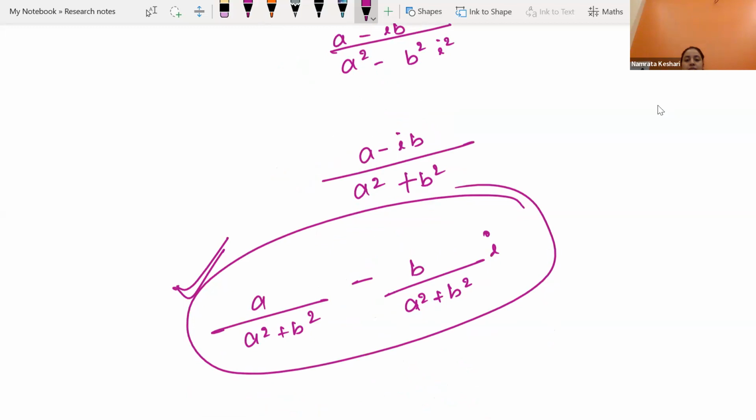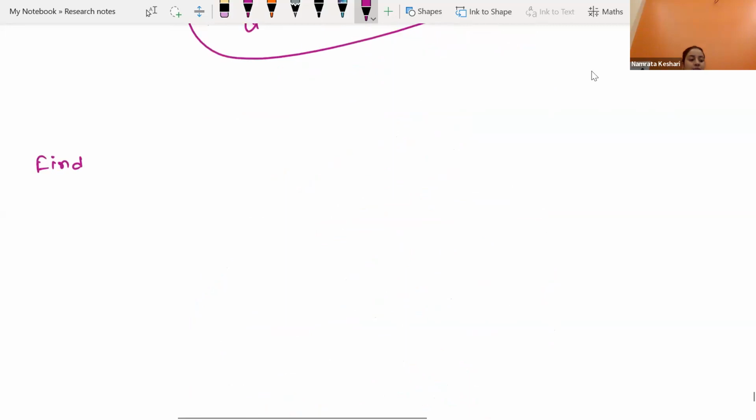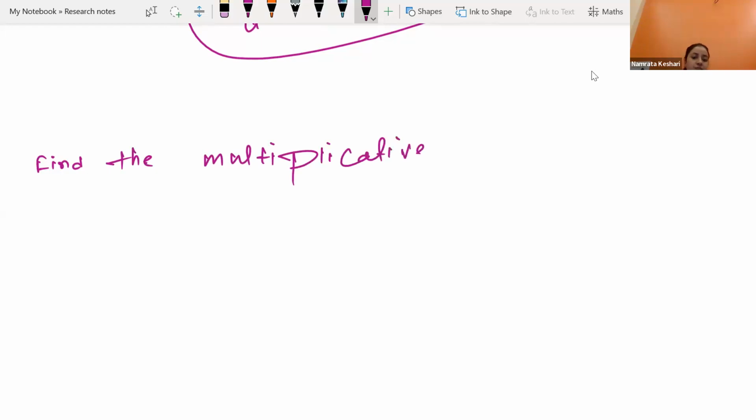Done. Let's continue. So the question is find the multiplicative inverse of each. First question is 4 minus 3i.